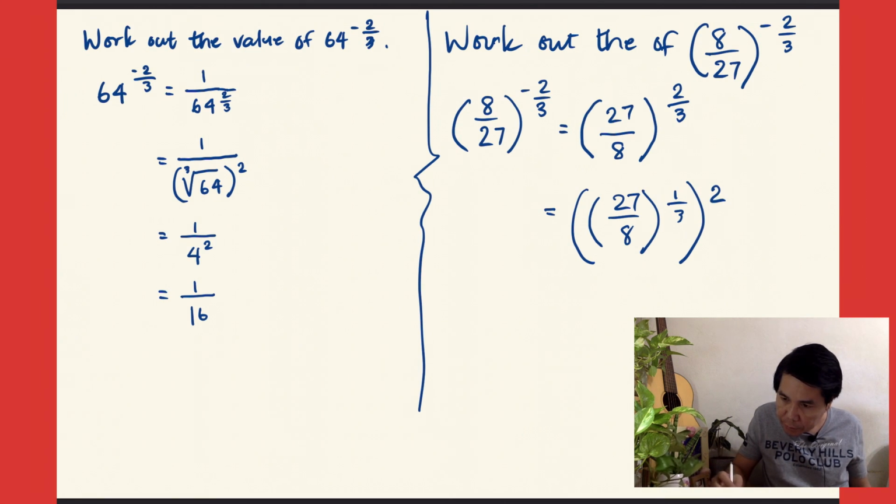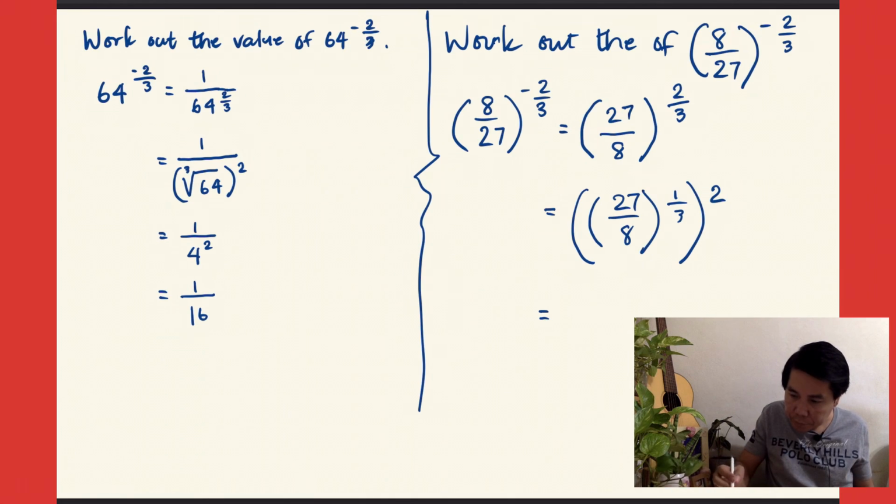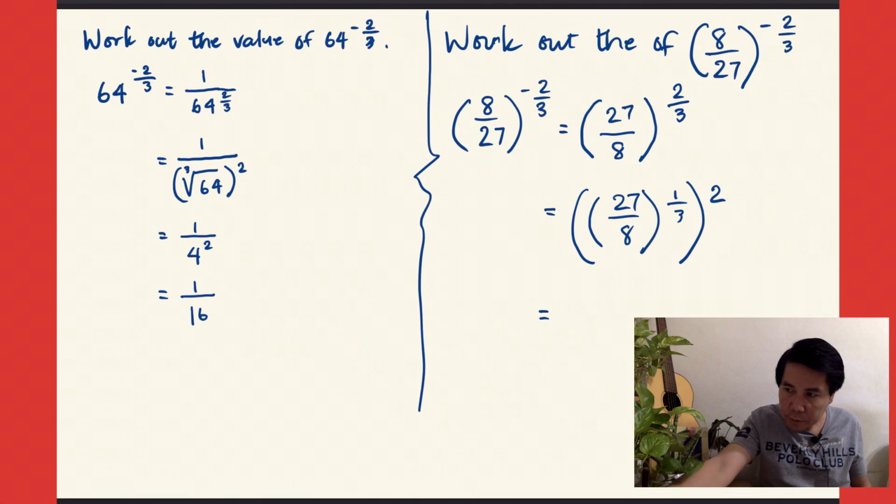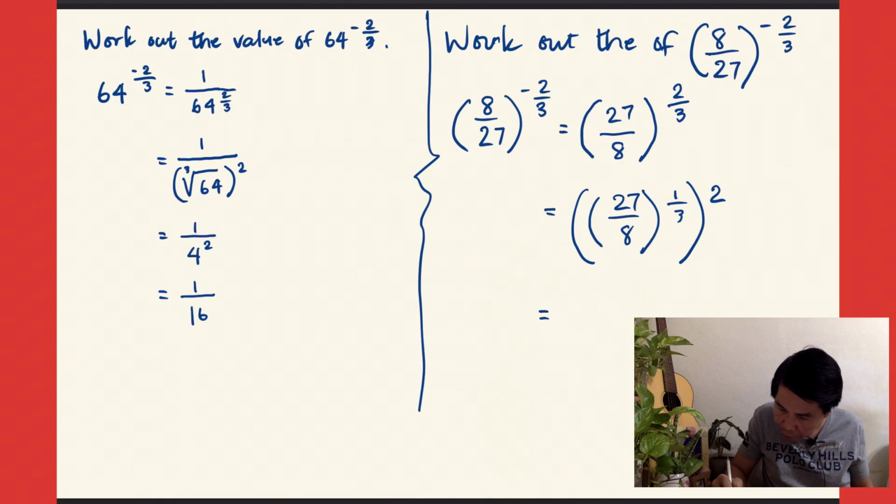So what happened is, the cube root of 27 is 3, because 3 times 3 is 9, times 3 is 27, and the cube root of 8 is 2.